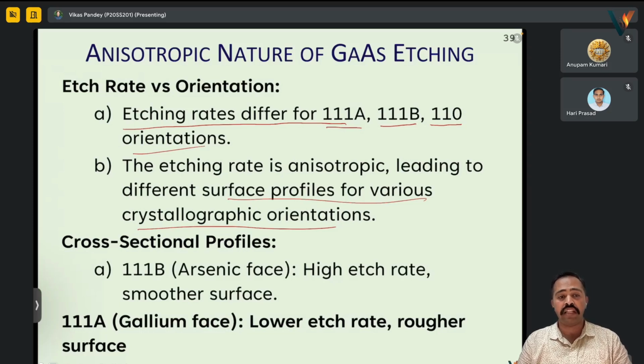For the arsenic phase, that is 111B, there is a higher etch rate and it gives us a smoother surface. Whereas the 111A, that is the gallium phase, has a lower etch rate and a rougher surface. So in this case, the hard mask that is used will actually have some effect on orientation.